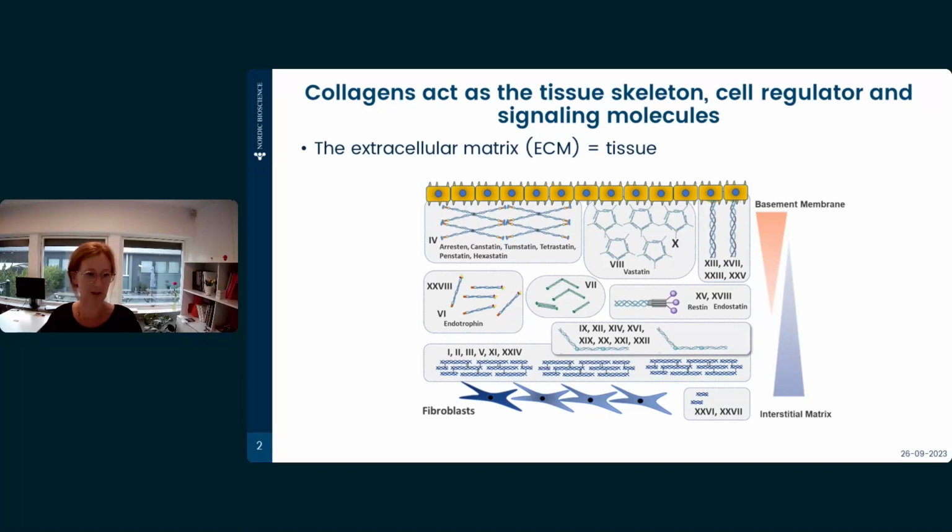We typically talk about type 1, 2, 3, 4 collagens, but we are interested in many of these collagens and how they are degraded as part of disease.